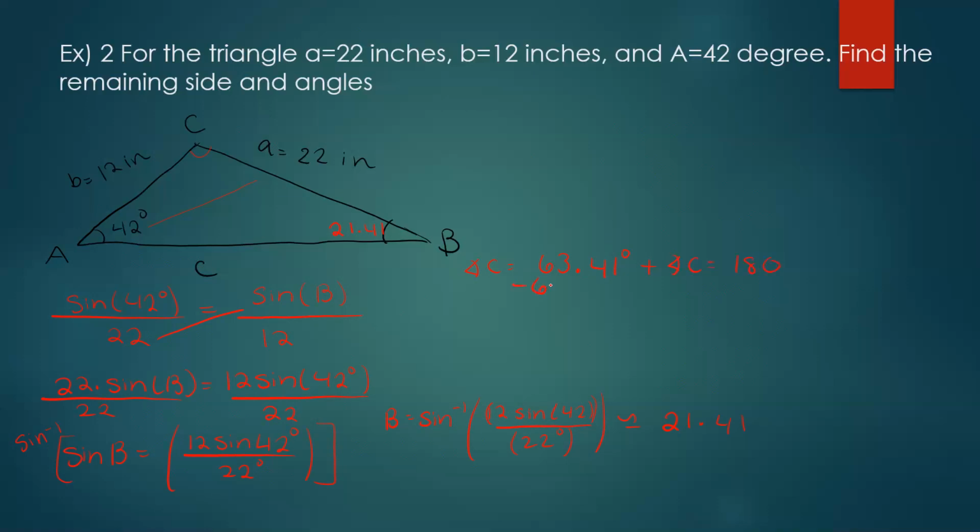So subtract that from both sides: 180 minus 63.41 is 116.59 degrees.